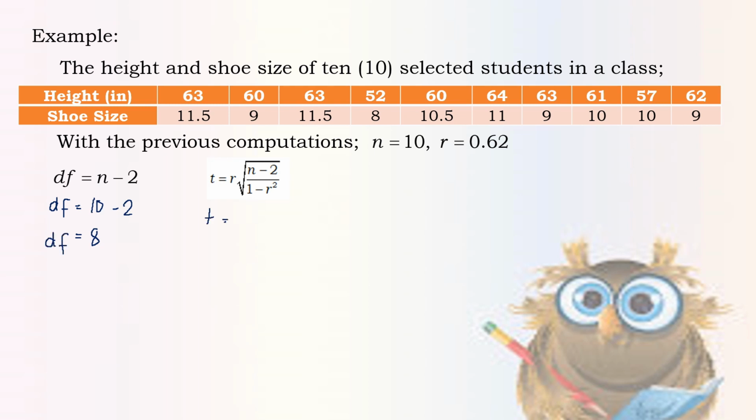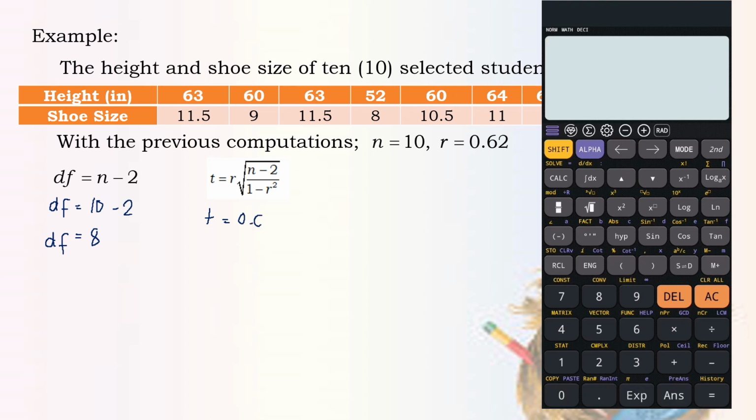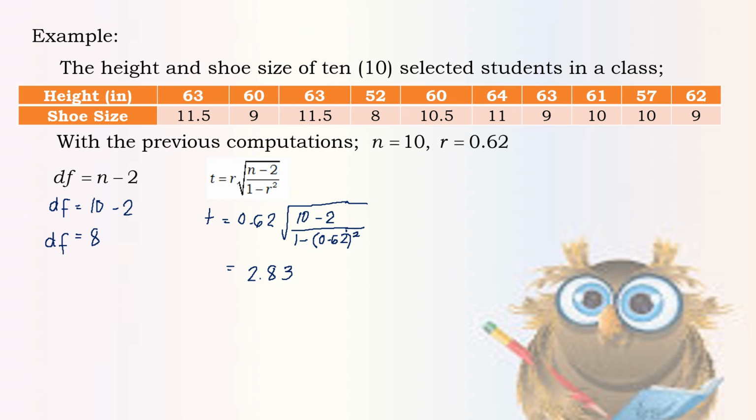For the t value, substitute r times the square root of n minus 2, all over the square root of 1 minus r squared. Repeating all those in the calculator, we have 2.83.